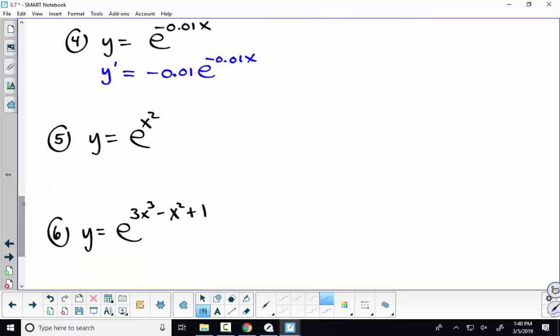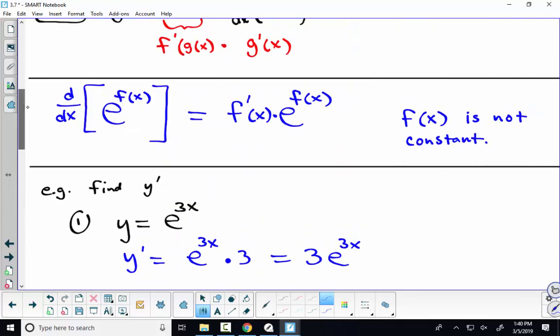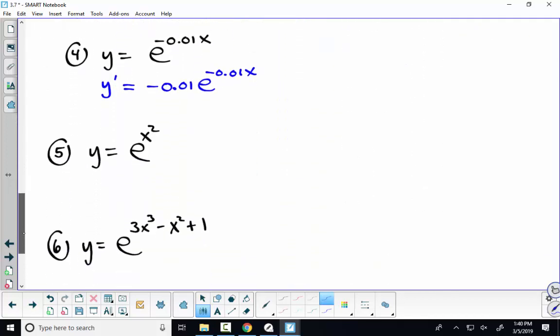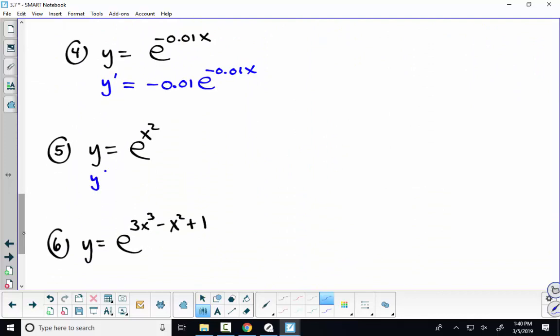What's the derivative of e to the x squared? 2x e to the x squared. Right. So back up to the derivative of e to any function is e to the function times the derivative of the function. So y prime is e to the function x squared, e to the x squared, times the derivative of x squared.